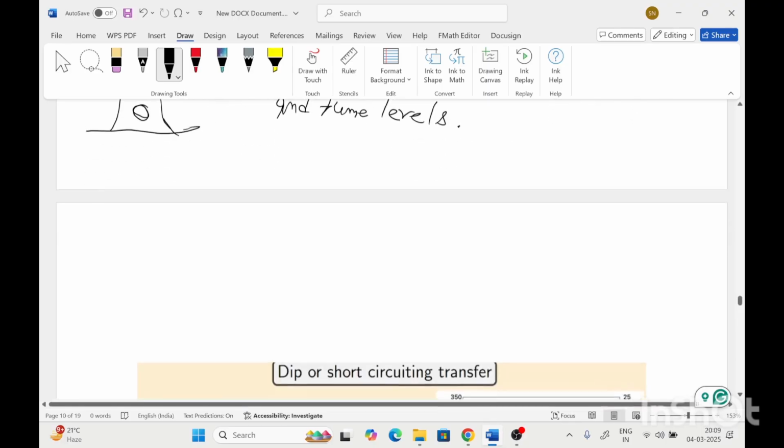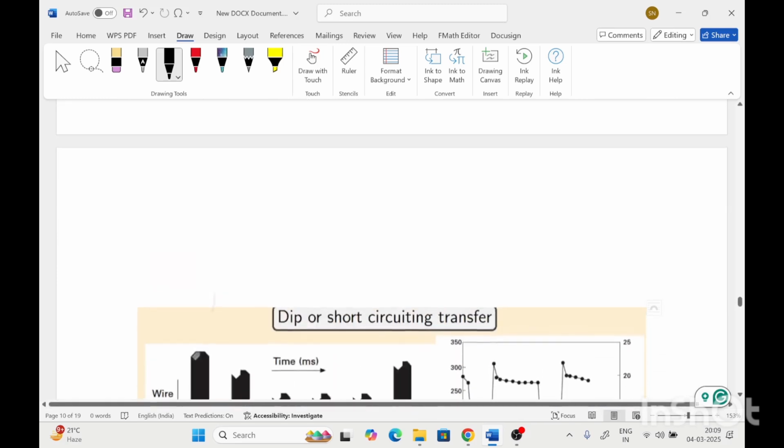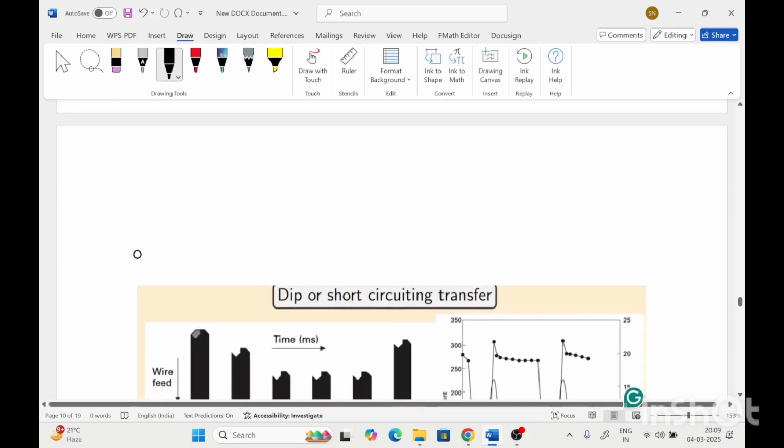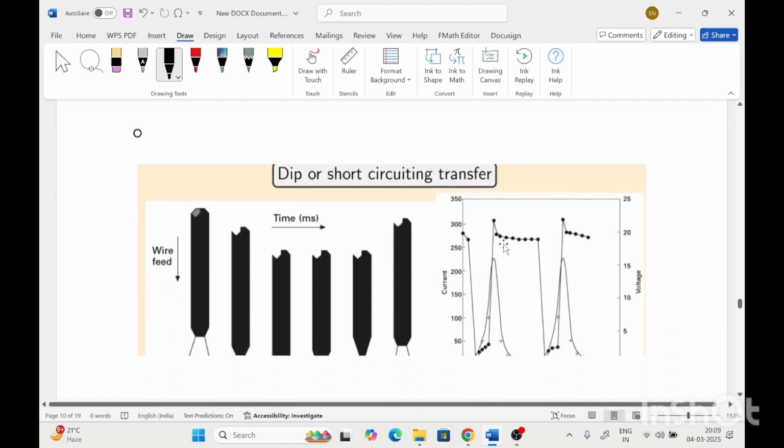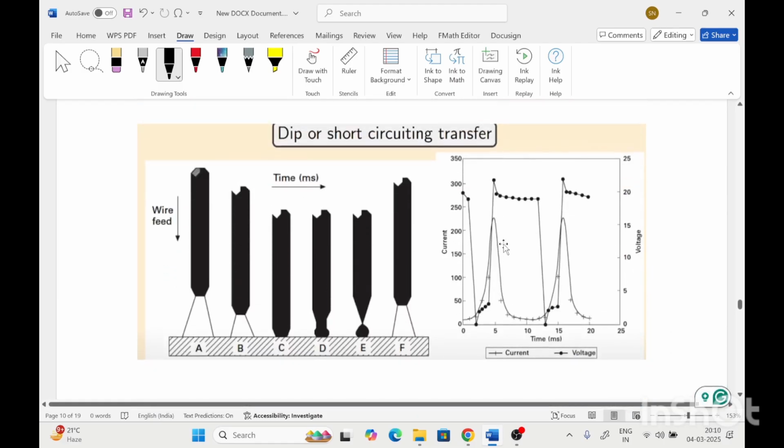Next transfer is the dip or short circuiting transfer. Dip short circuiting transfer works on the principle when the electrode is moved near to the workpiece and brought in contact.